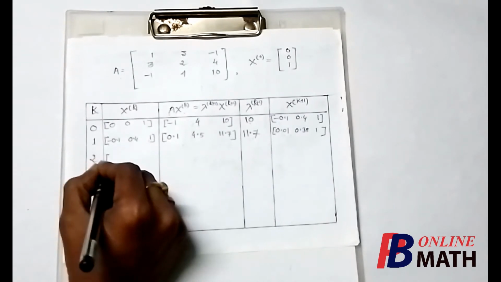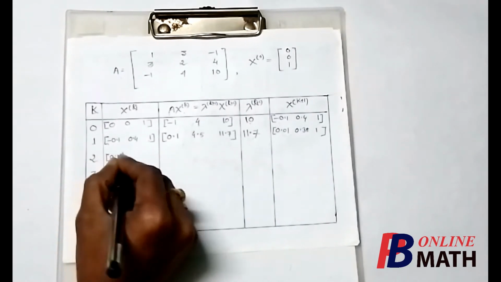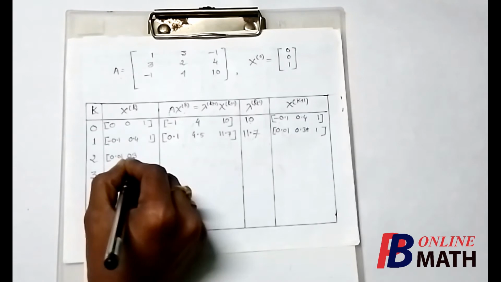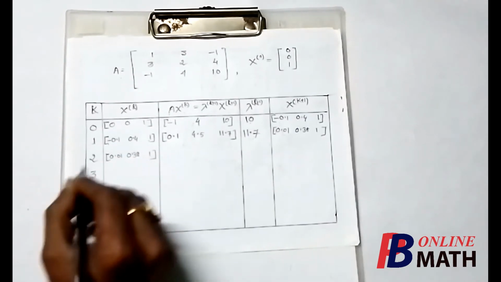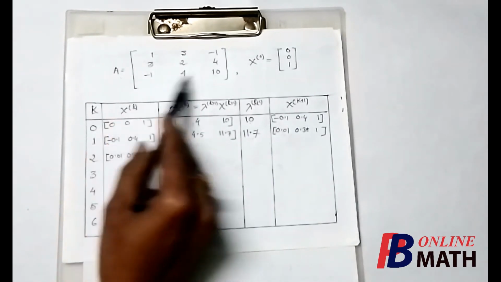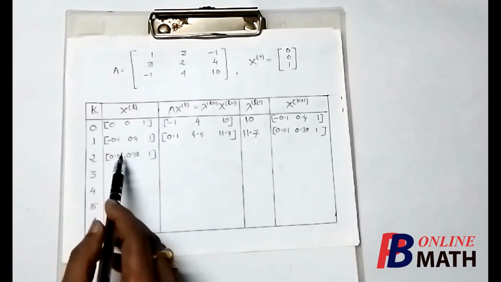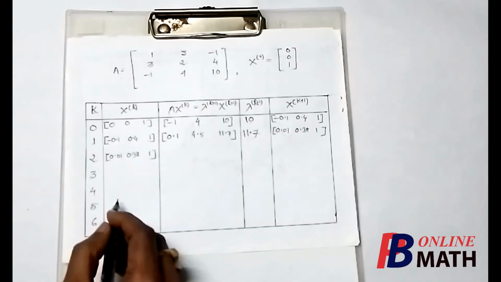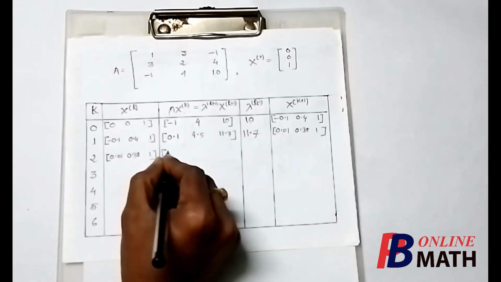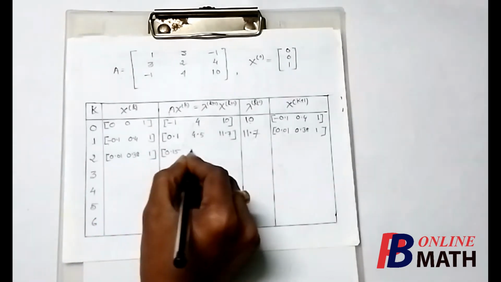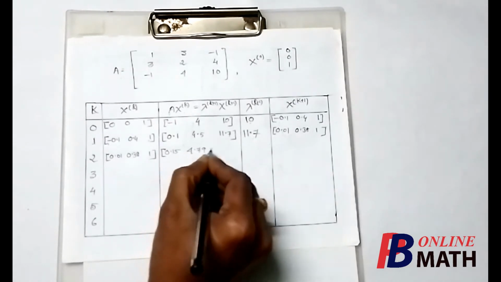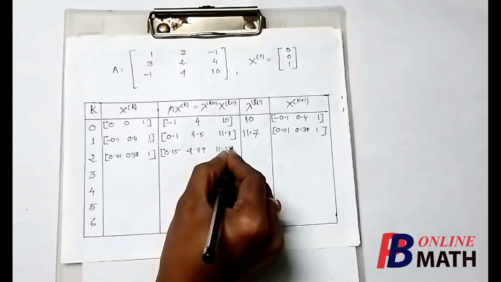So this is the next approximation of the eigenvector. Next we have to multiply this matrix and this vector. So if we multiply this matrix and this vector, then using the calculator we can easily find that this is 0.15, it is 4.79, it is 11.51.